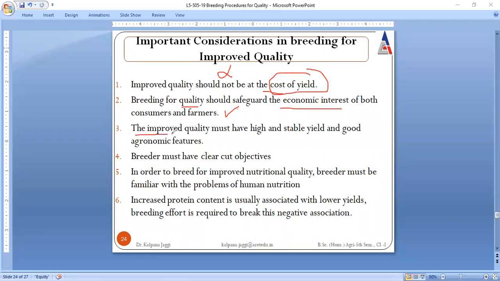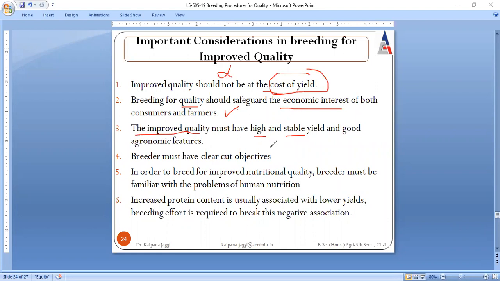Very important again, when we are improving the quality, right? We have improved the quality, but it should not be like, while we were improving the quality it was giving high yield and stability, but when we utilize that improved quality after a certain period of time, it is no more giving the high yield and it is no more stable.